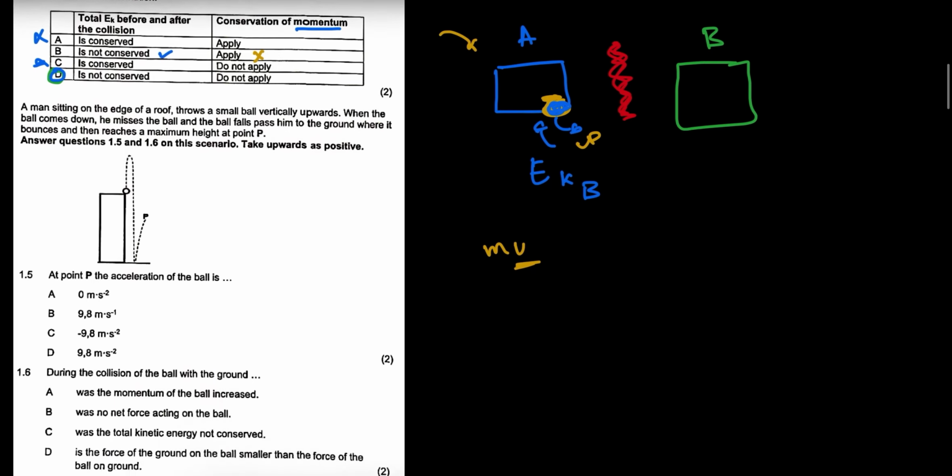Now as we move to the next question, they say a man sitting on the edge of a roof throws a small ball vertically upwards. When the ball comes down, he misses the ball and the ball falls past him to the ground, where it bounces and then reaches a maximum height at P. With this statement, we should answer question 1.5 and question 1.6 on that scenario.